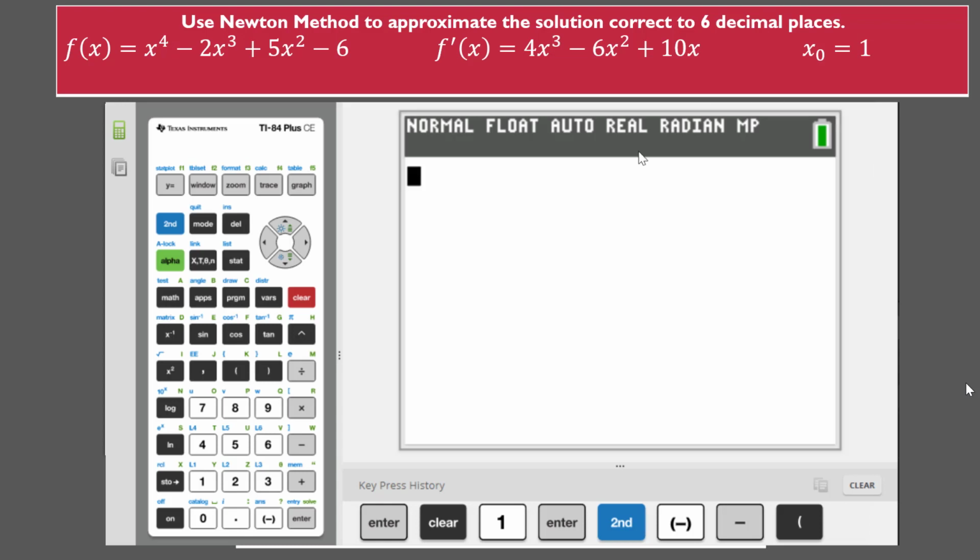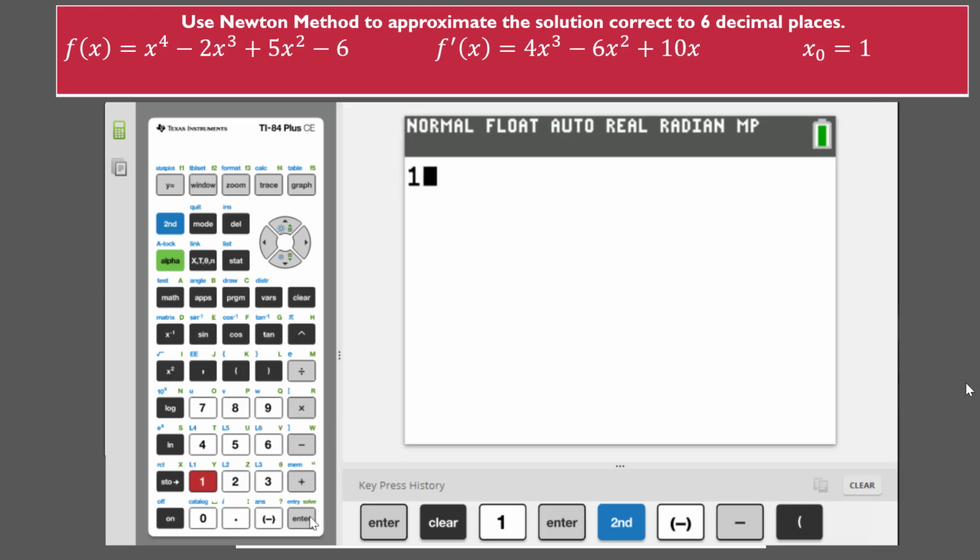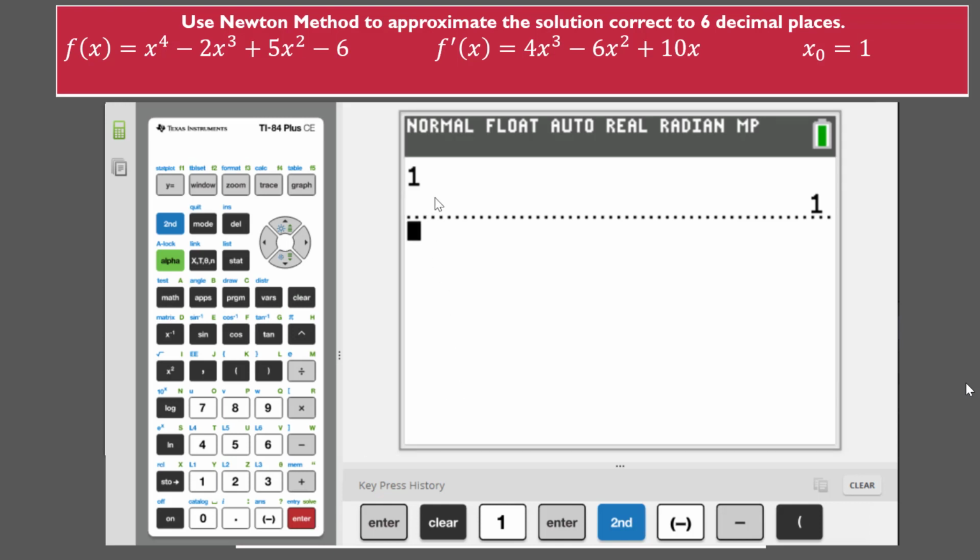So in order to use the Newton method here, we have to save the initial value on the calculator first. My initial value is 1, so I hit 1 and I hit enter. By doing so, my number 1, the initial value, has been stored to the answer on the calculator.